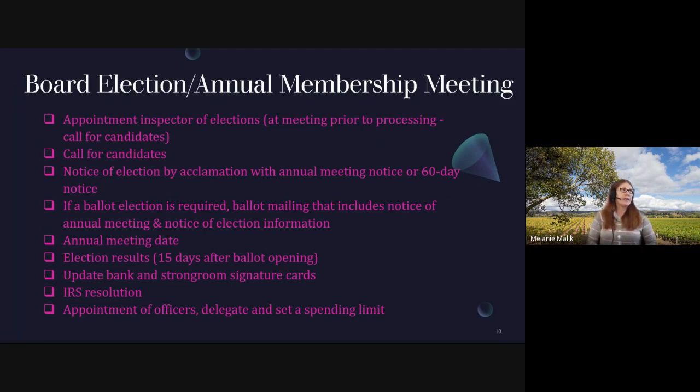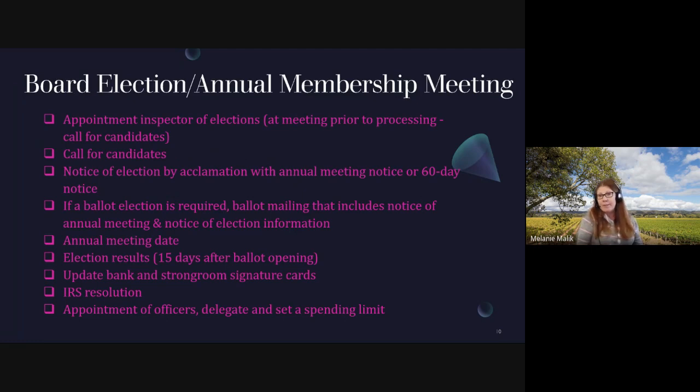So our board election and annual membership meeting, we are tracking this. Lay is tracking this for all of our communities. But here are some examples of things that you may want to have on your annual calendar, such as appointment of your inspector of elections. You want to make sure that that's done before you send out your call for candidates. HOA Elects is our primary company that we utilize.